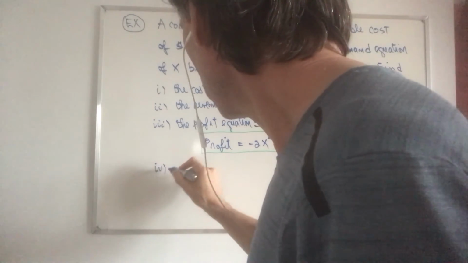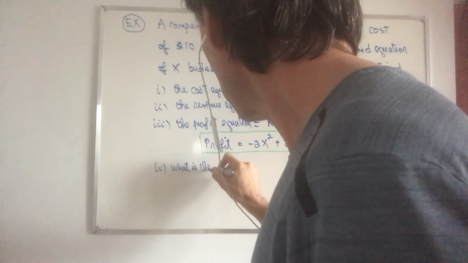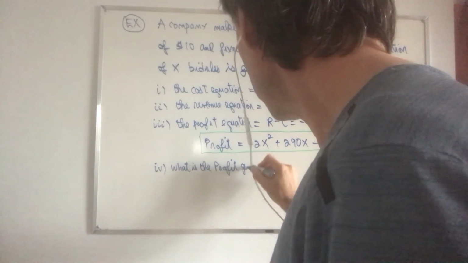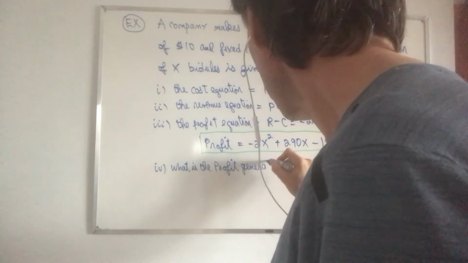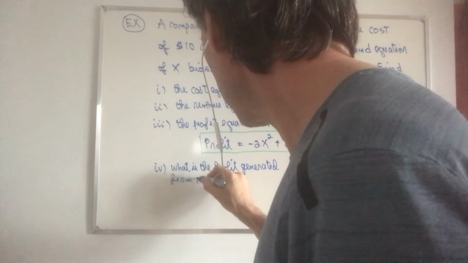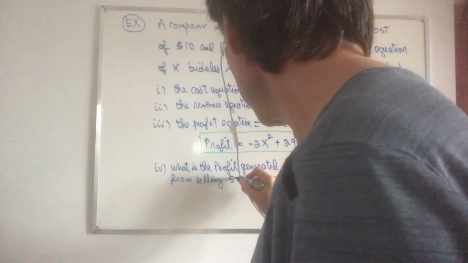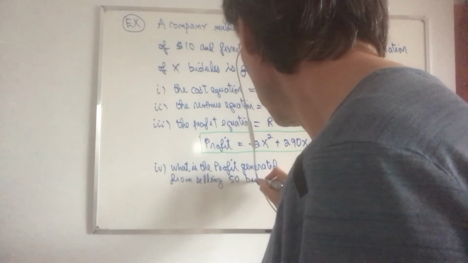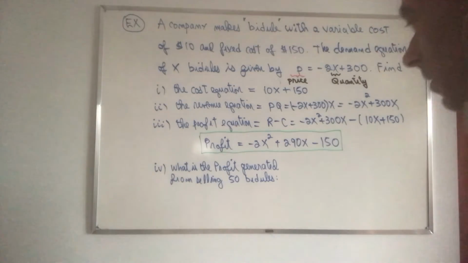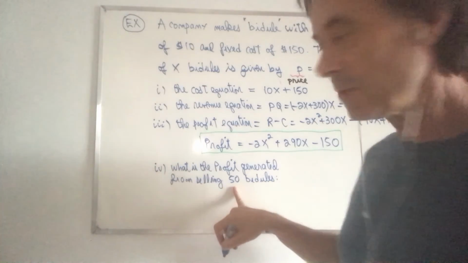Namely, what is the profit generated from selling or making, let's suppose it's the same thing, 50 bidules, also known as bidoules. So this is a level of 50. That means that my X is 50.